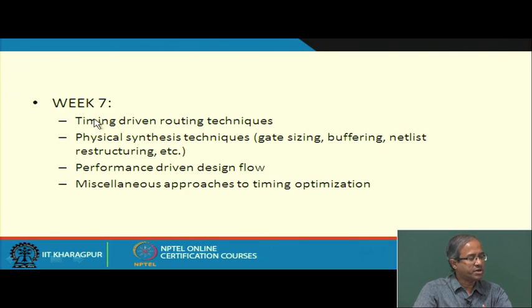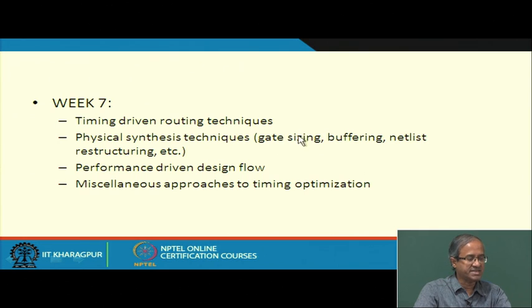Then we talked about the timing driven routing techniques, and this was followed by various physical synthesis techniques, where we can make some modifications to our netlists so as to meet some of the timing requirements or timing corrections that are required.